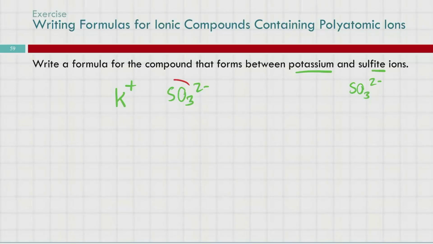And we can crisscross them. That'll result in a 2 going over to the potassium. So we'll have K2SO3. And we can't simplify because we only have one of our SO3 groups. So that would be a simplified and complete formula.